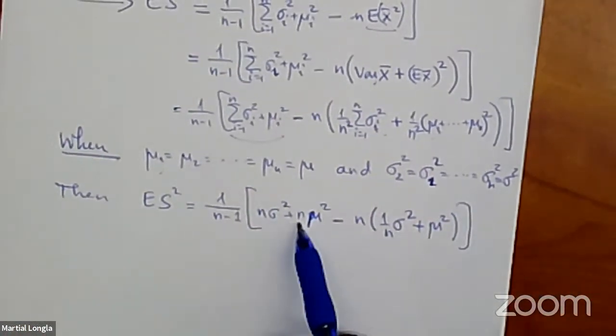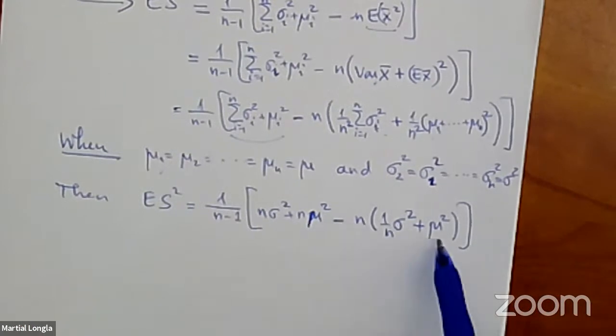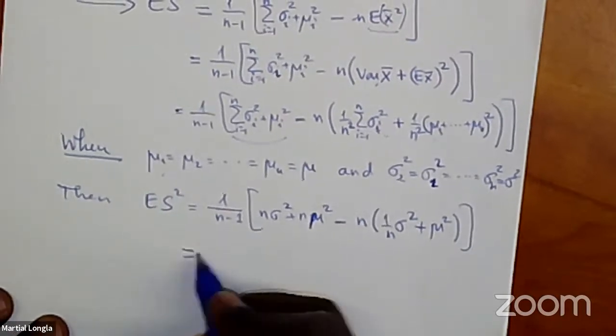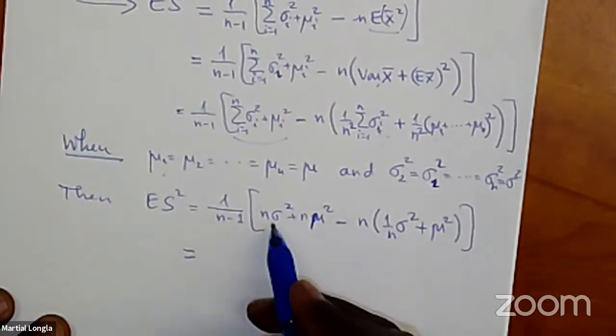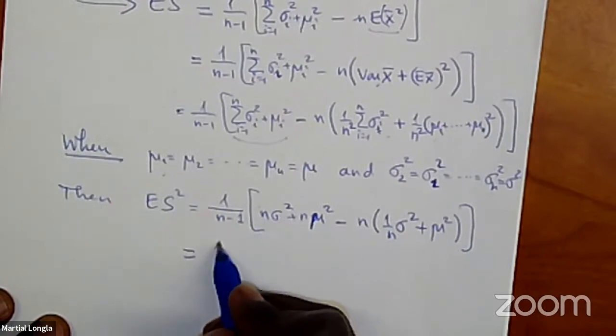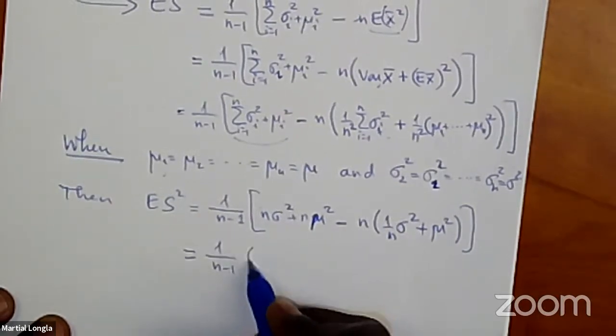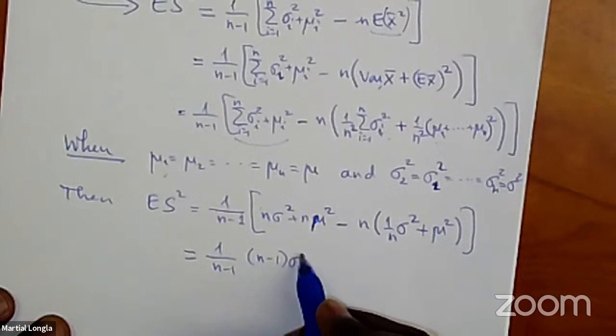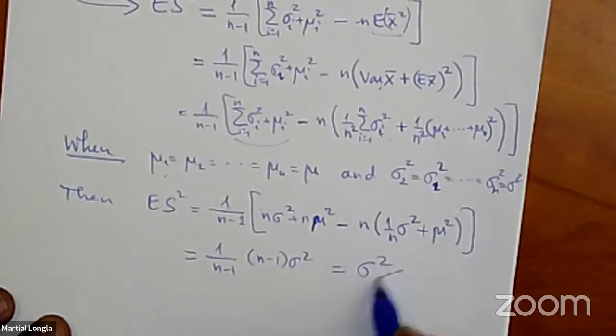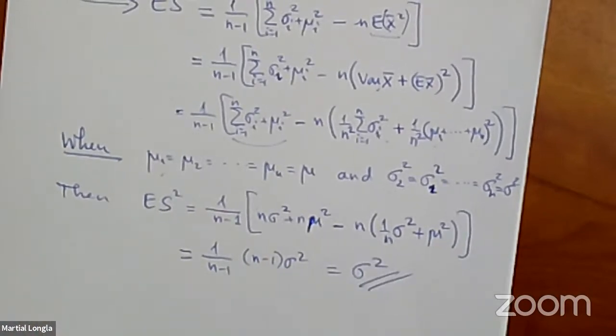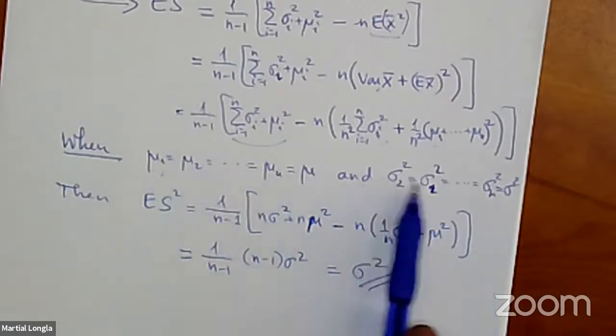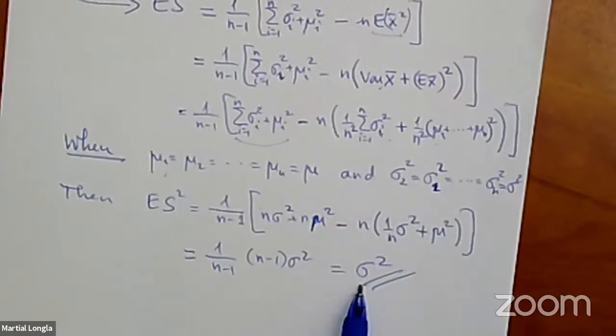And so you can see the n mu squared cancels with the n mu squared here. That's the only reason why we end up with 1 over n minus 1 times n minus 1 times sigma squared, which is equal to sigma squared. And in this proof, you can see that if these two conditions are not satisfied, you're not getting that.